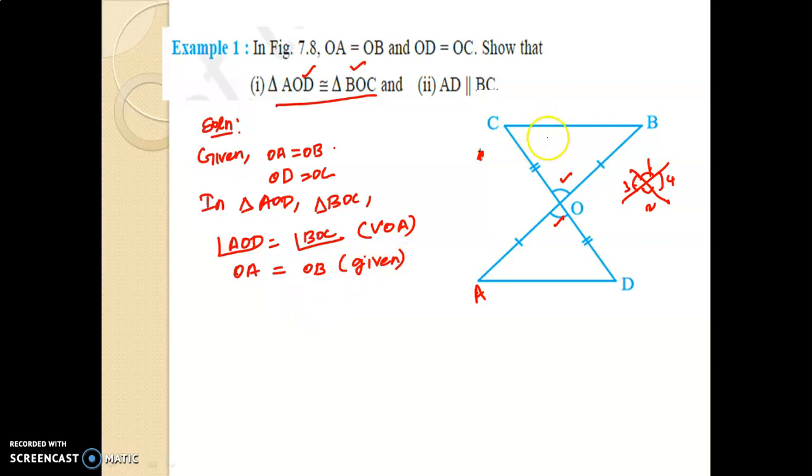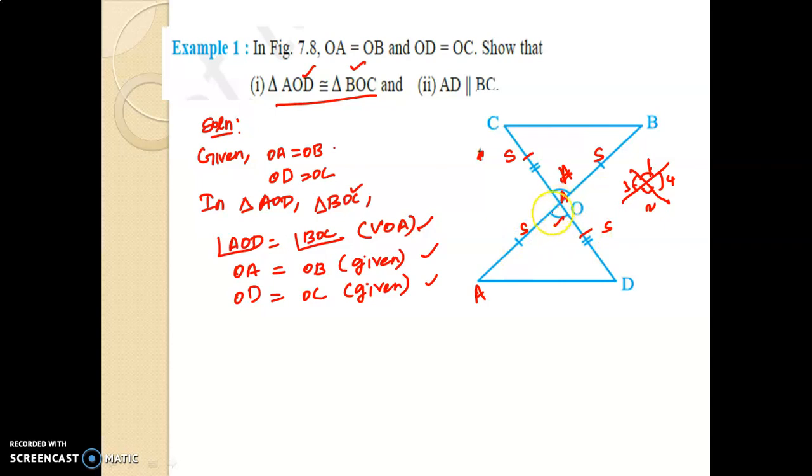Similarly, in AOD, side OD equal to OC in triangle BOC, this is also given. So when we compare all three, we have side, angle, side.